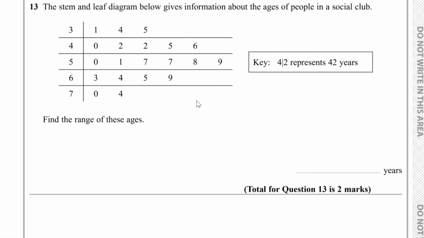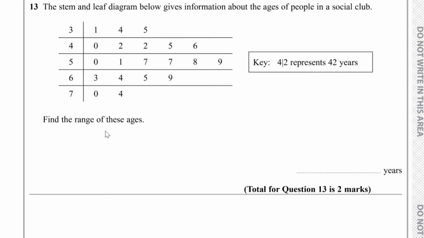Question 13. The stem and leaf diagram below gives information about the ages of people in a social club. And we've got over here a key 4 with a line, and then a 2 represents 42 years. We have to find the range of these ages.